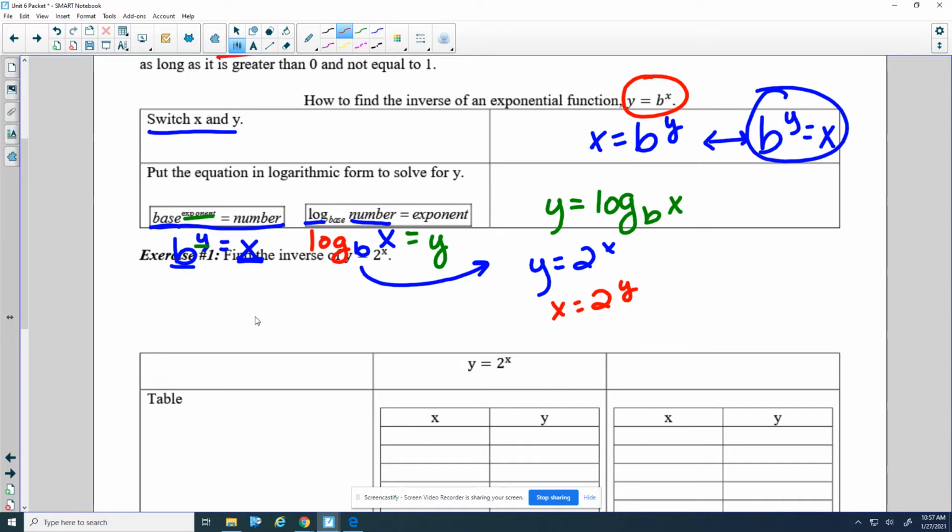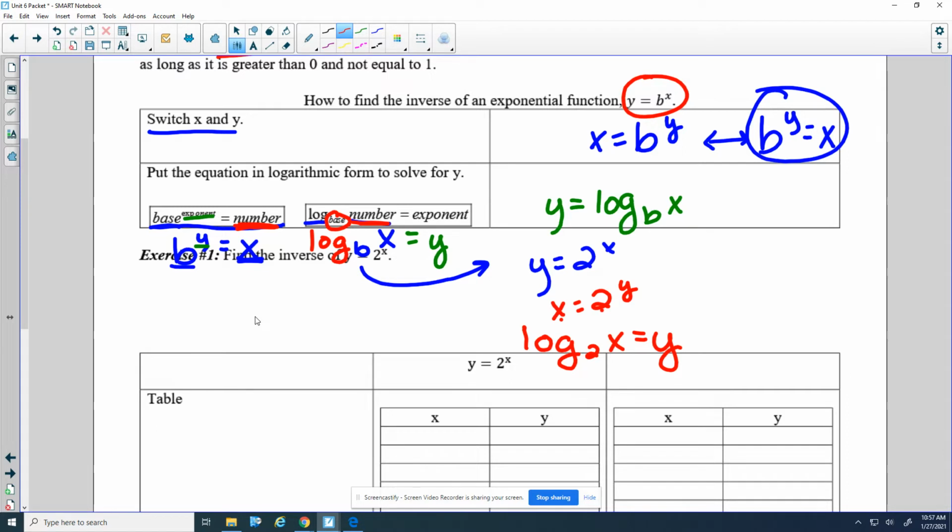So looking at our rules, we write the word log. Whatever the base is, we write down low. So the base here is 2. Whatever the answer is, or the number on the other side, we put it next to it. So we're going to write the number on the other side as x. And then the exponent becomes the answer, which you'll hear me say a bunch, okay? So the logarithm just takes those numbers and puts them in a different spot.